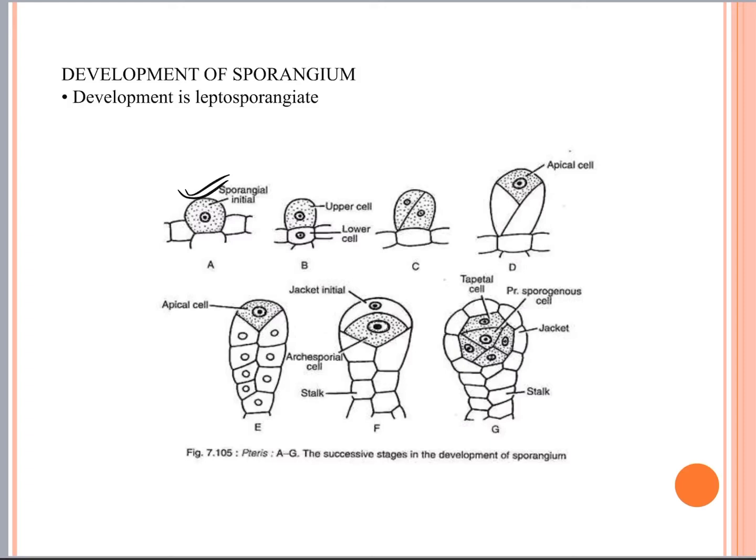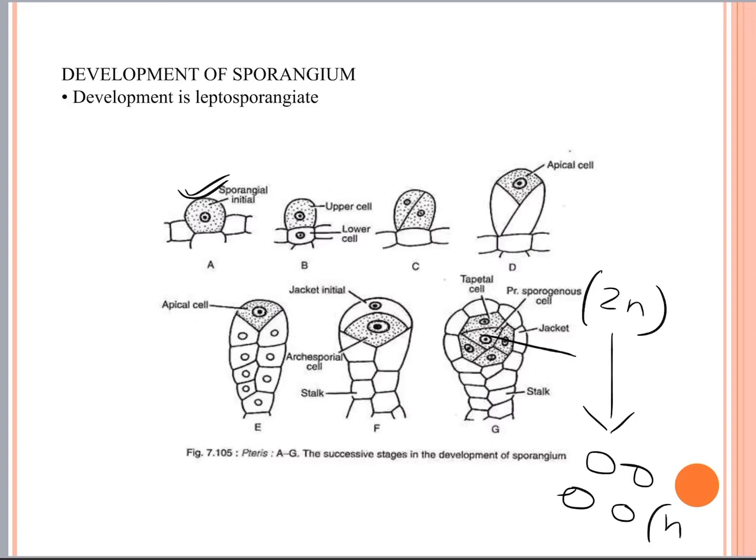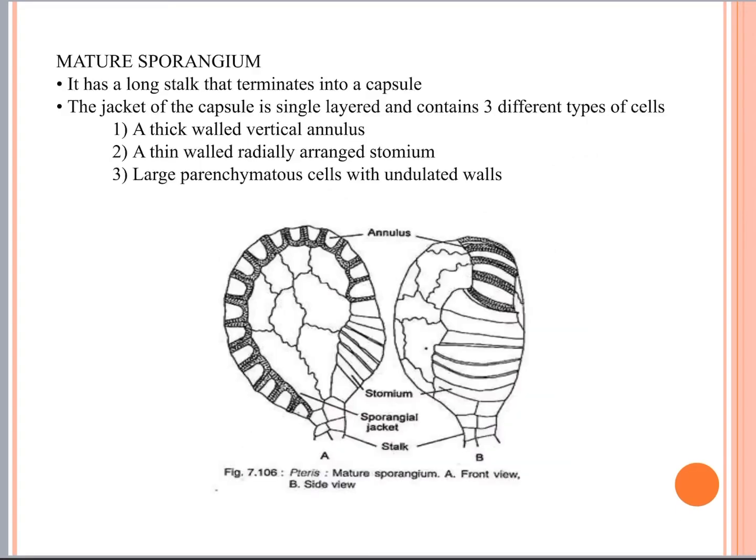This sporogenous mother cell in the middle, which is 2n, undergoes meiosis division and gives rise to haploid spores.